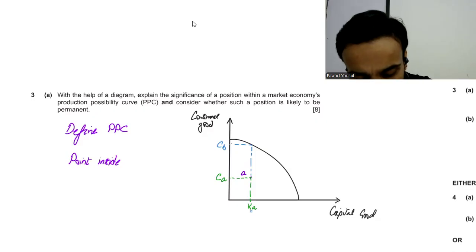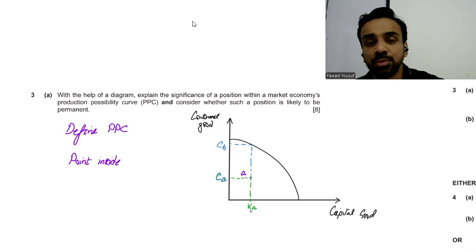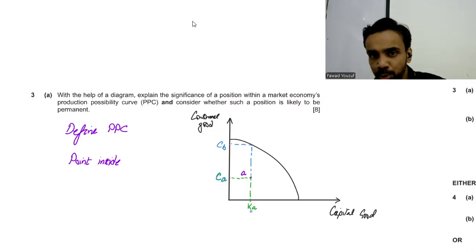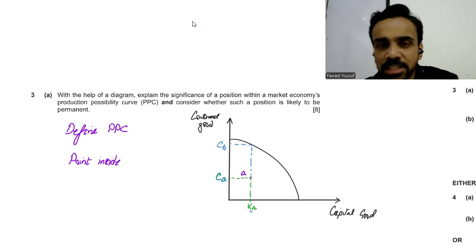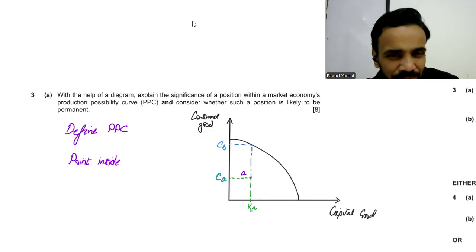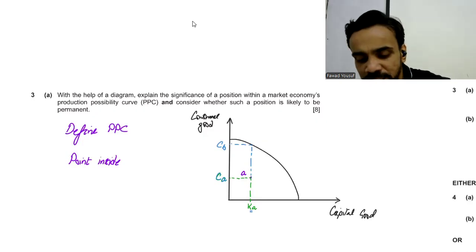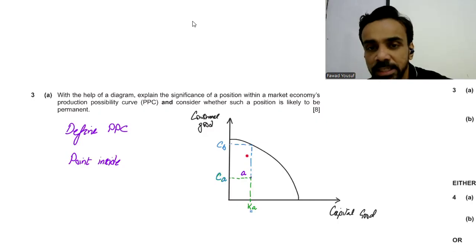But since they are producing only at CA, there has to be spare capacity available, right? That's a mathematical proof for it. But usually we don't do that. It's not wrong. And it just clearly explains कि ये जो हम unemployment or inefficiency की बात कर रहे हैं, what do we really mean and how PPC is being used to explain the idea.